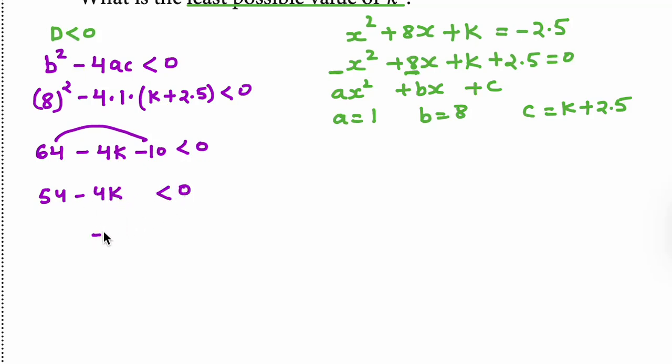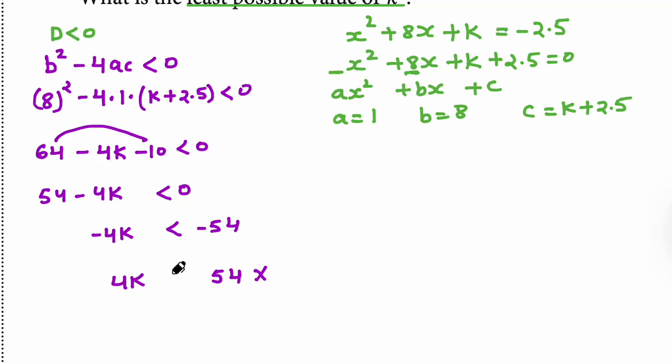Okay, let's subtract 54 on both sides. Now, I cannot cancel the negative sign here directly, right? Okay, multiply by negative on both sides and this will become this. No, that is wrong. In inequalities, whenever we multiply or divide by a negative sign, the inequality flips.